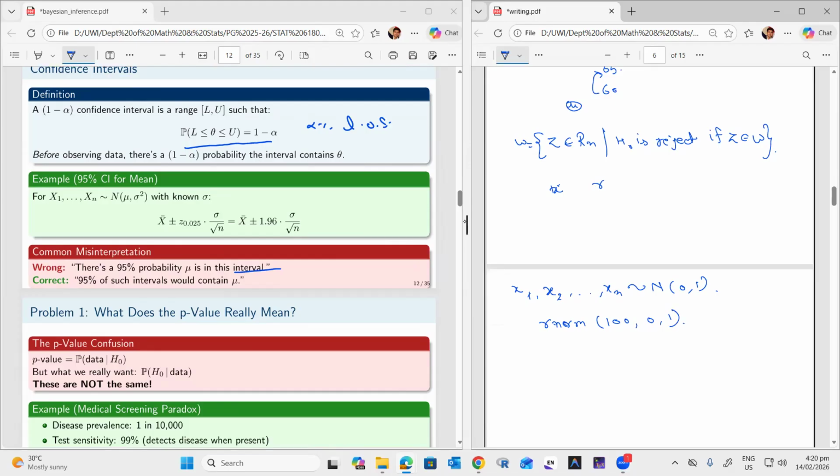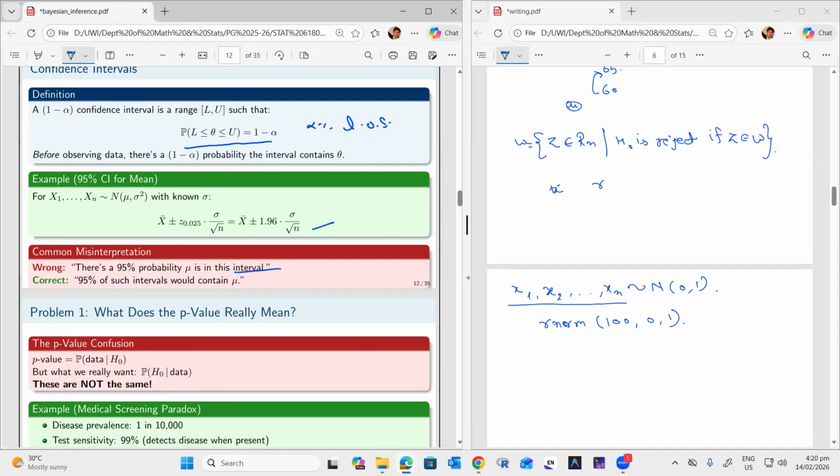When you find the confidence interval for the observations, then at the 95% level you will get some confidence interval by this formula. In that case, of the 100 observations you generated, a few observations will be outside of this interval.